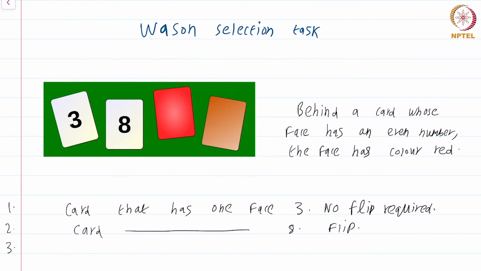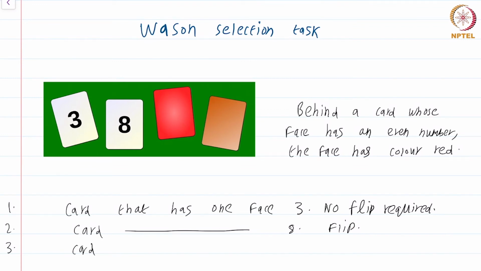Now, third one. Here is where some people make a mistake. Some people say you need to flip the card that has the face red. But you actually no need to do that. Why? Because there are only 2 possibilities for the opposite face, either an odd number or an even number. If it's an odd number, then regardless of whether this is red or brown or black or cyan, it really doesn't matter, because the proposition that we have does not assert anything about cards that have one face an odd number.